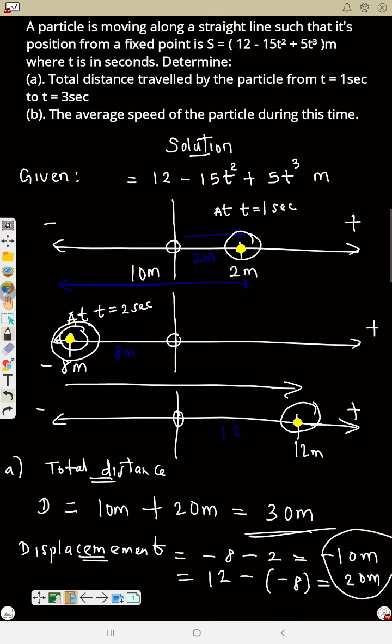Now total displacement is -10 plus 20, which is equal to 10 meter.